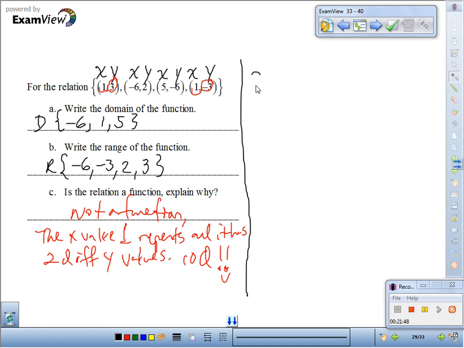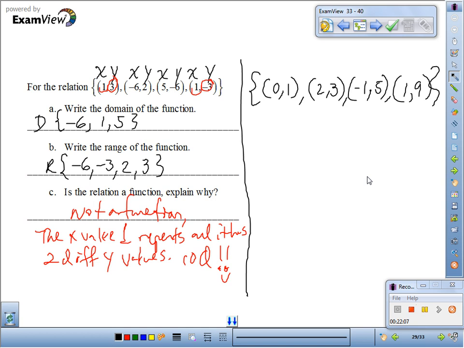Look at this relation: (0, 1), (2, 3), (-1, 5), and give me a number, (1, 9). Is that a function? Yes. Why? Because no x values repeat, and we can't really check to see if there's anything that has two output values. Everybody with me?